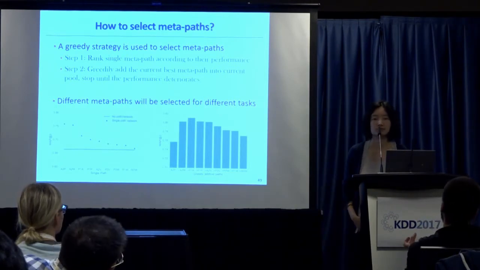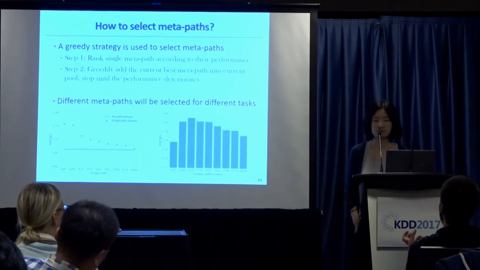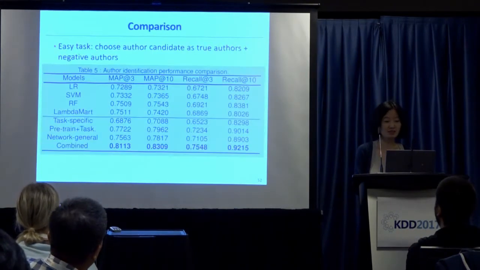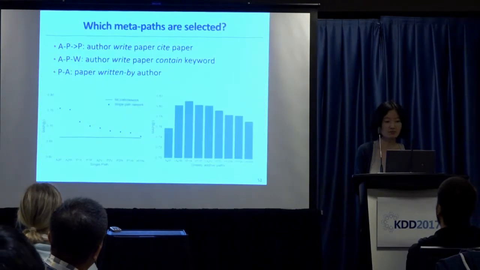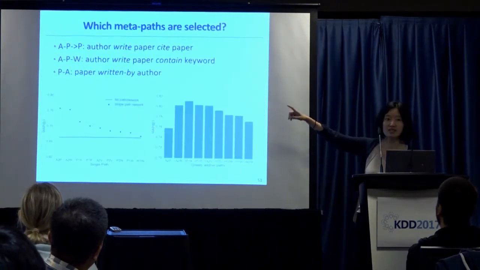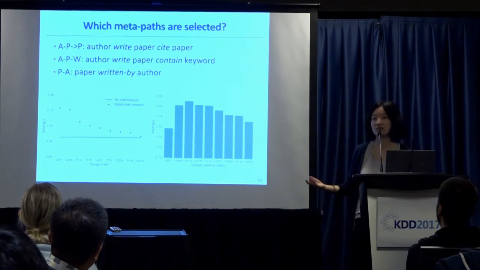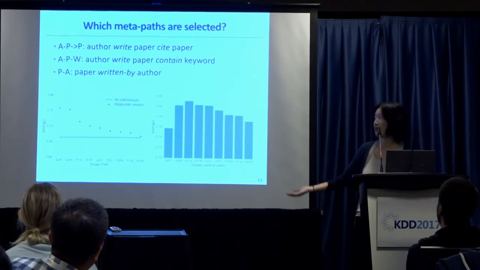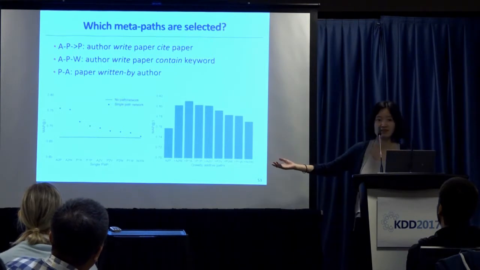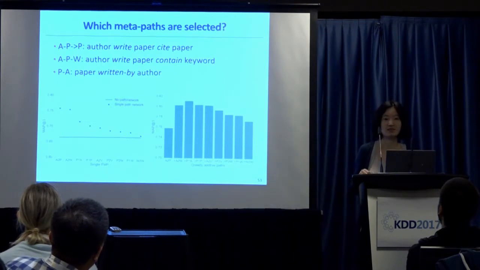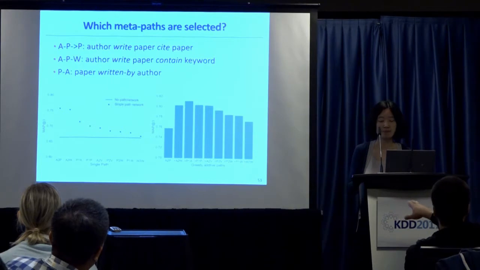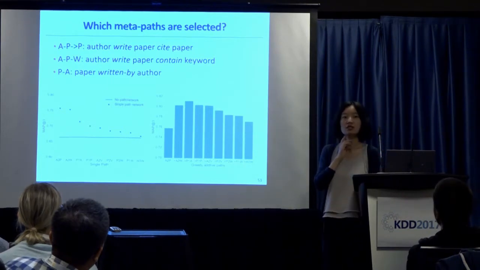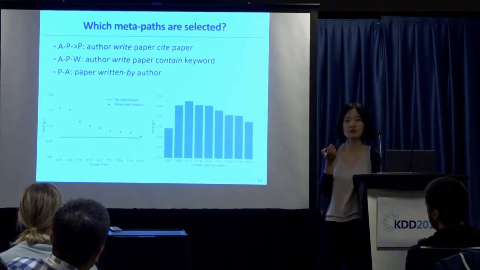Would the direct author to paper path be the strongest one? Very nice guess. If you look at the three most important metapaths, they are the references typically used by an author, the keywords used by an author, and author-paper. So is it like feature selection here? Yeah, it's kind of feature selection, but not traditional feature selection.